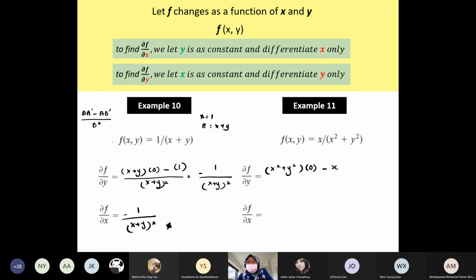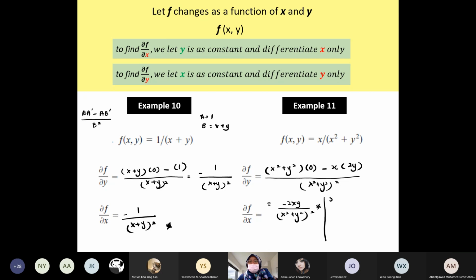Minus x, x squared plus y squared differentiate with respect to y, so you have 2y here, over x squared plus y squared. So it is equivalent to negative 2xy over x squared plus y squared.